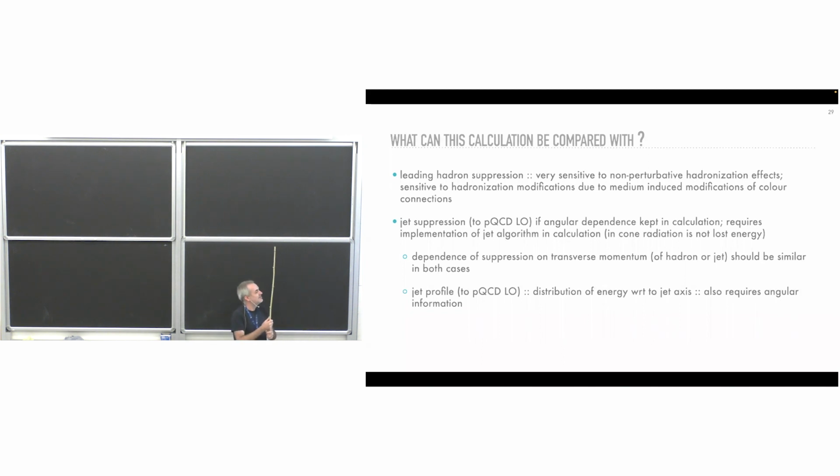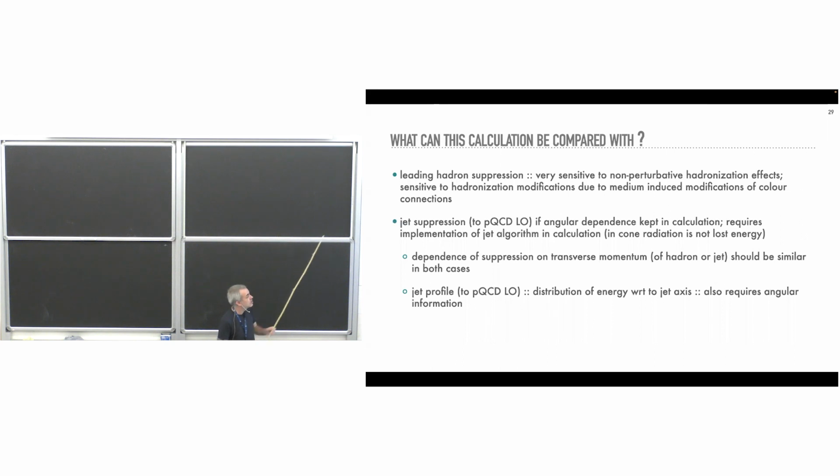Okay, invoke some magic powers to say that a parton becomes a hadron and that's it. Those magic powers are called local parton hadron duality, and don't really work that well. Okay. So whatever I do, I'll be very sensitive to non-perturbative hadronization effects. So somehow that will put a huge uncertainty in my calculation.